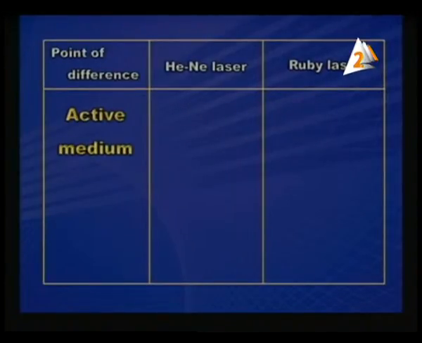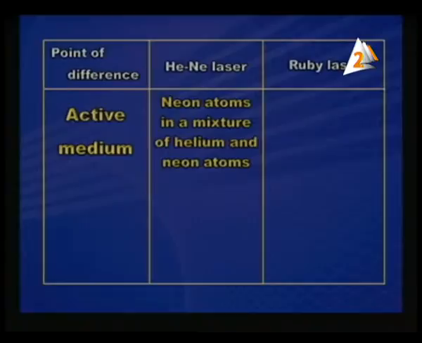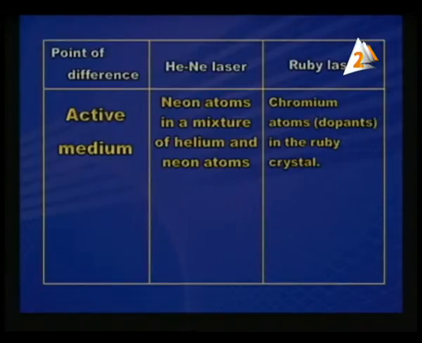The first point of difference is the active medium. The active medium in helium-neon laser is a mixture of helium and neon atoms, while in ruby laser it is chromium atoms in the ruby crystal.